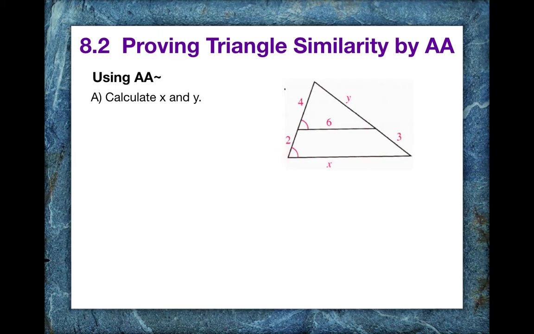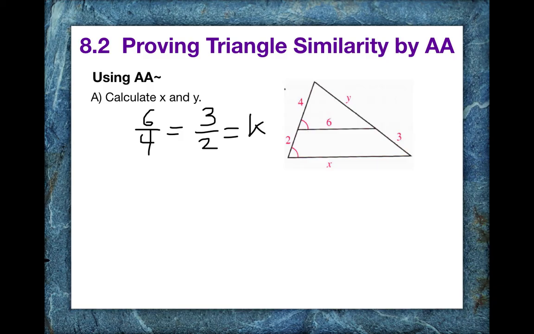So we have 4 growing into 6. So then it's going to be 6 over 4, or another way of saying that is 3/2. So that's our k, that's our scale factor that we're going to be using.